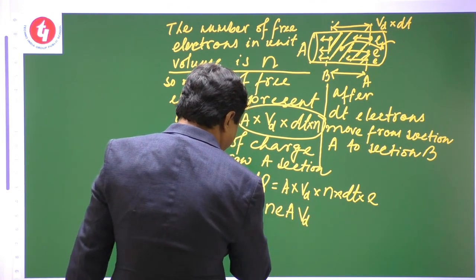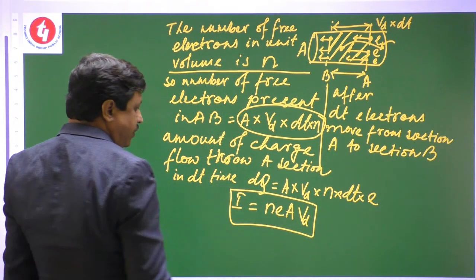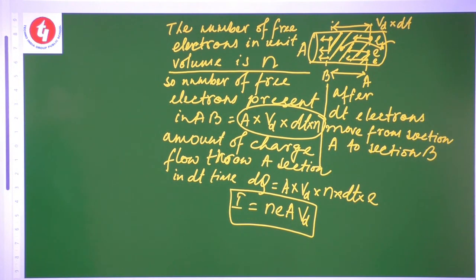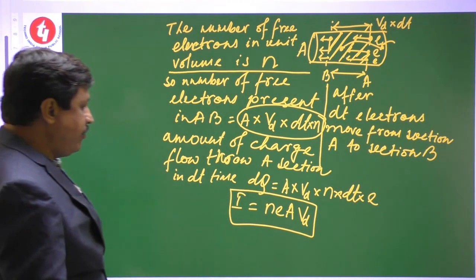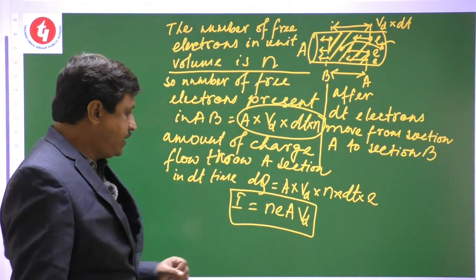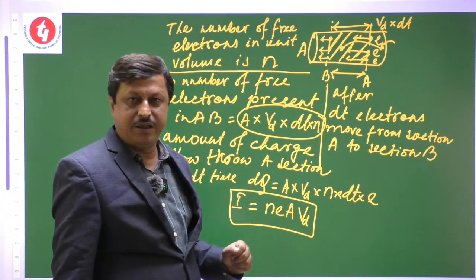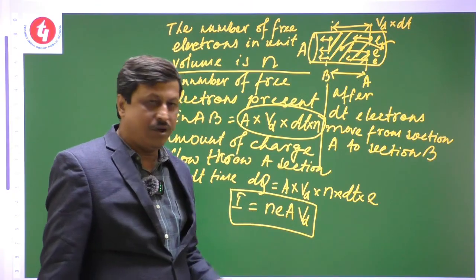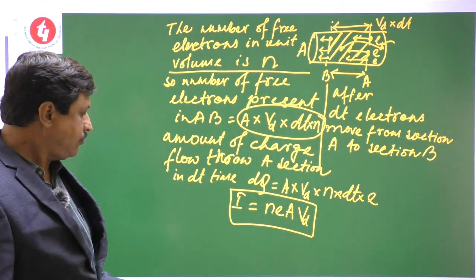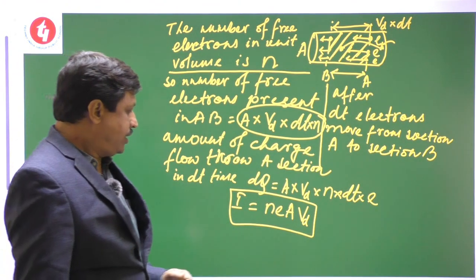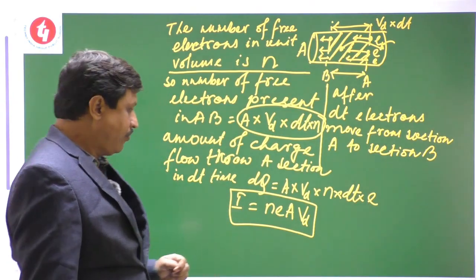This is the formula of current. I equals n e A Vd, a very important formula. This is the relation between the current and drift velocity.